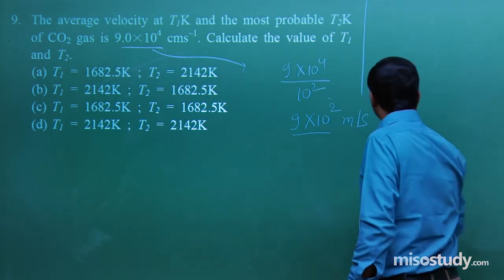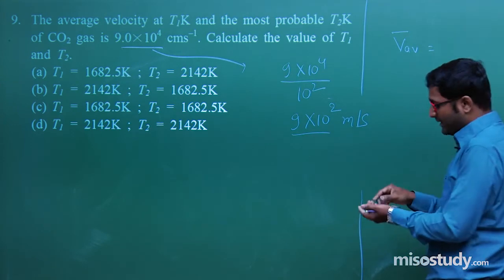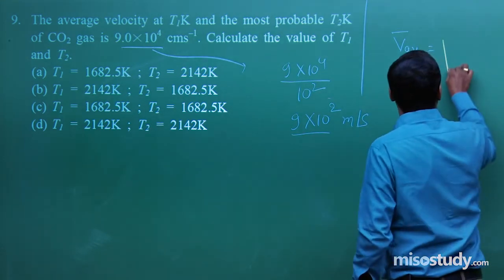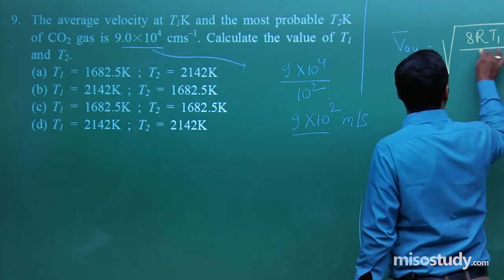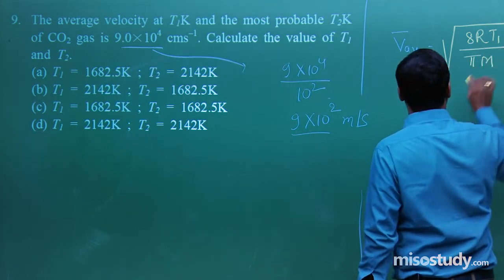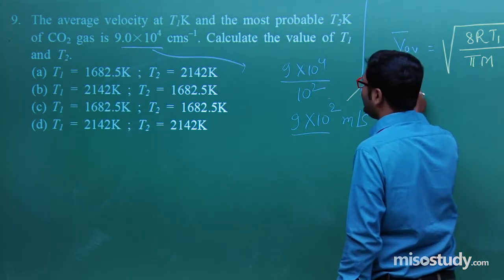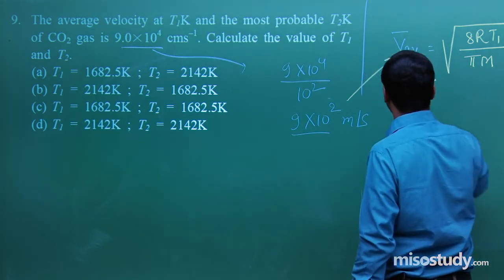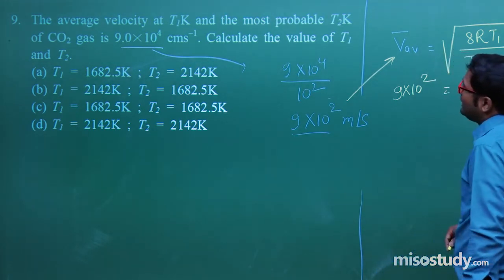Now what to do? In case of average speed, the formula is root under 8RT1 upon pi m. Clear? Average speed equal to 9 into 10 to the power 2 is equal to root under 8, what is the value of R?